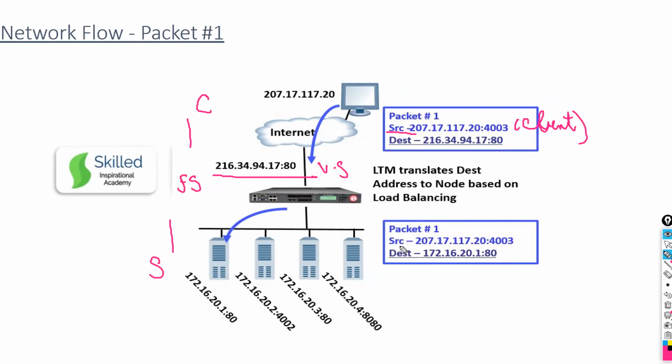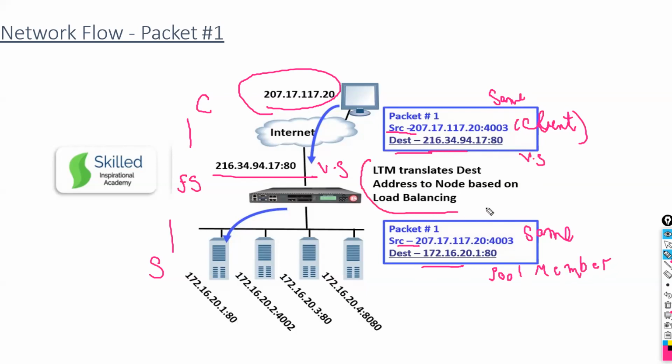So here your source is not changing. Source will be your client IP address, but your destination is getting converted into the pool member IP address. Please see the difference. This is the same. Your client IP is the same in both packets, but your destination IP in the first packet is your virtual server IP, and here it is your pool member IP address.